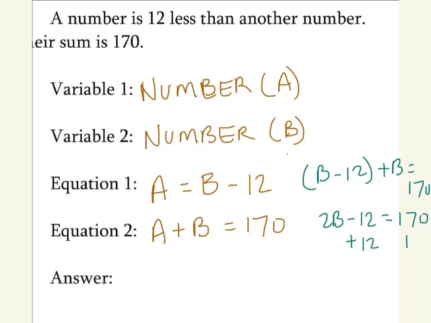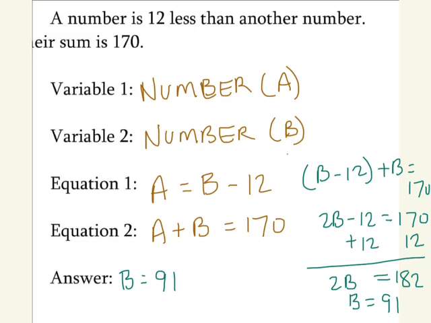Add 12. I get 182, and 2B equals 182, so B equals 91. Well, if B equals 91, what does A have to equal? I'm going to take 12 away from 91, and that would be 79.